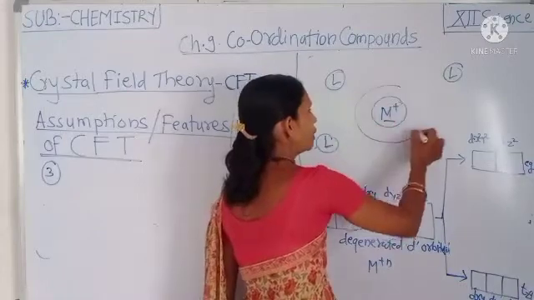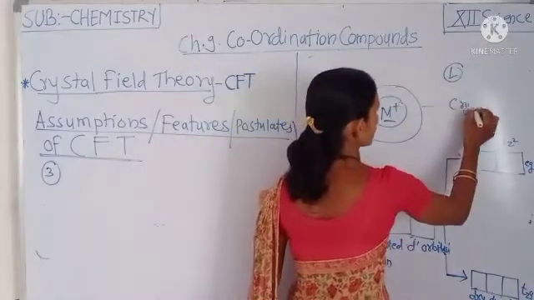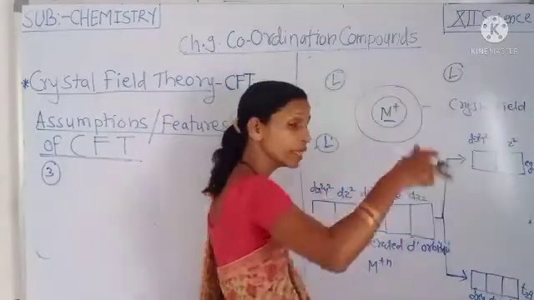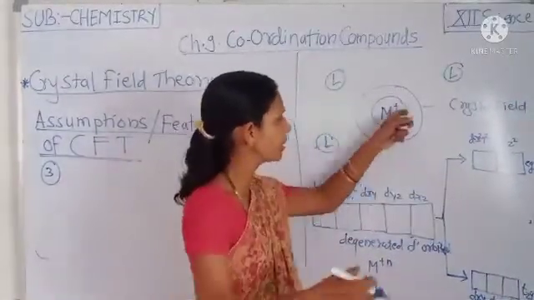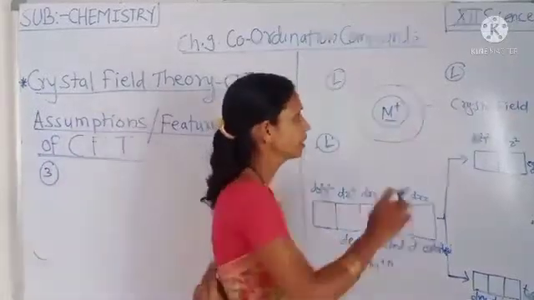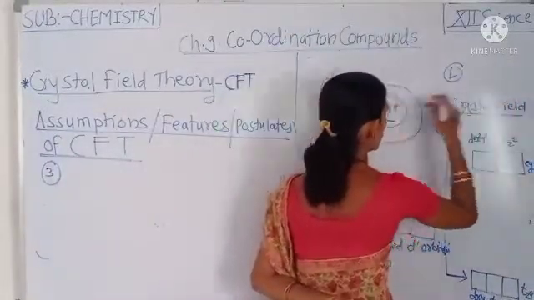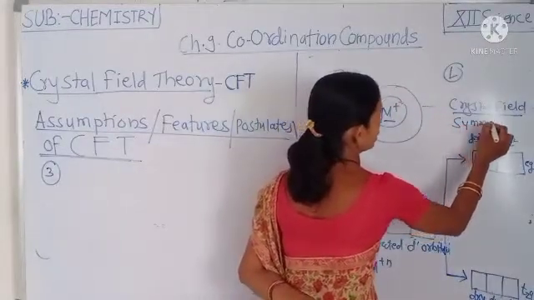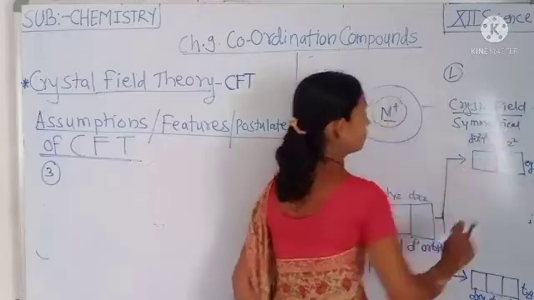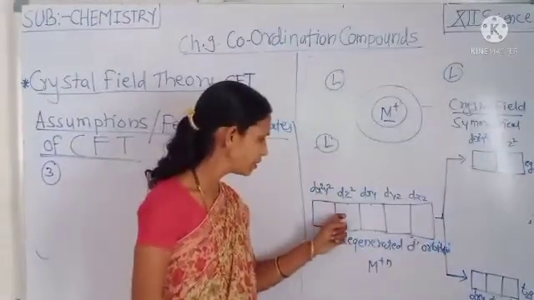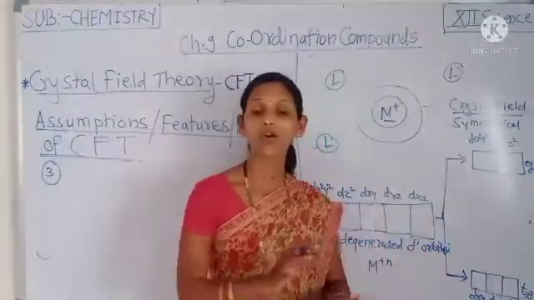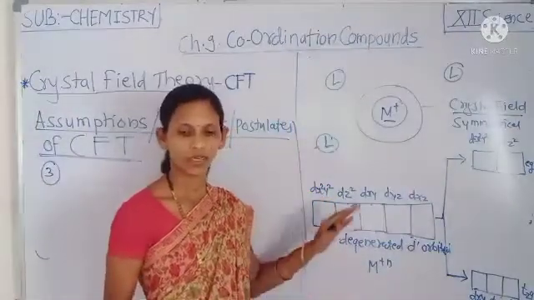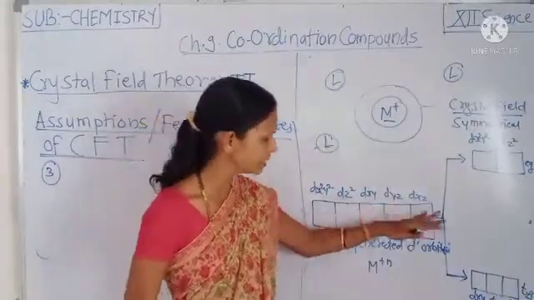If the crystal field formed around the metal ion is symmetrical, then the degenerate d orbitals cannot split. That means they remain intact, as they are.